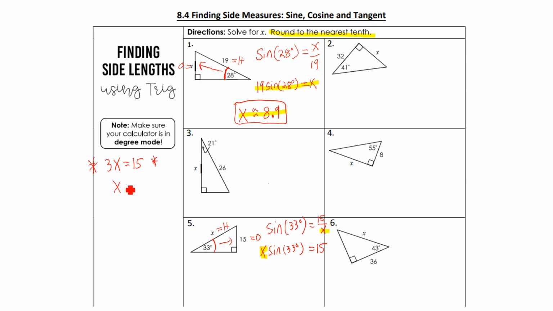Then you would just divide the 3 over. Sine 33 is still a number. It follows the same algebra rules, so you can still just divide that over. So now you have x equals 15 over sine of 33 degrees. Just put that in your calculator: 15 divided by sine of 33. And that gives you that x is approximately 27.5.